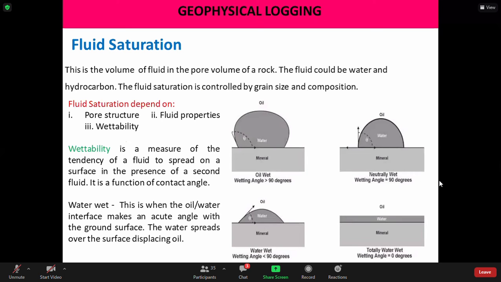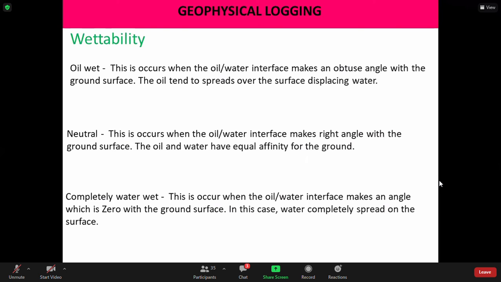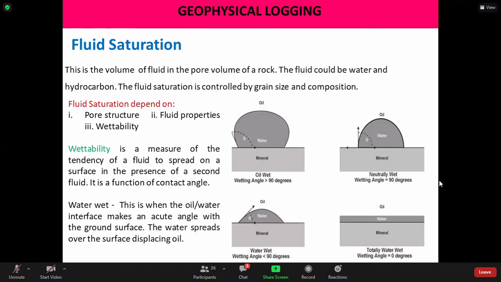It is a measure of the tendency of a fluid to spread on a surface in the presence of a second fluid. It is a function of the contact angle. We have 4 types of wettability: water wet, oil wet, neutral, and completely wet. It is also illustrated in the diagram there.